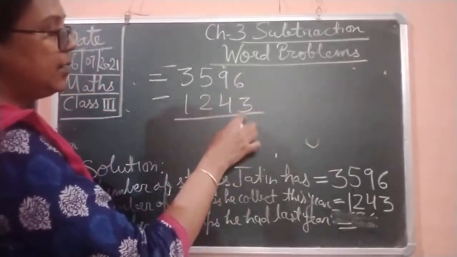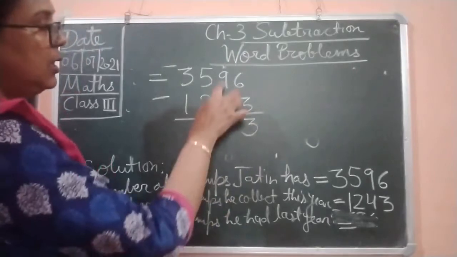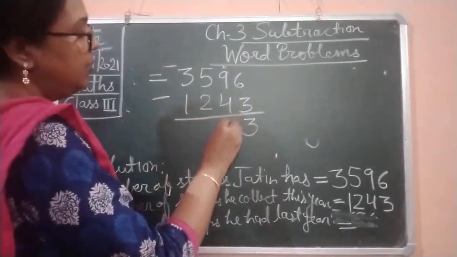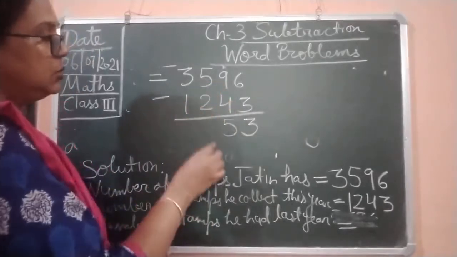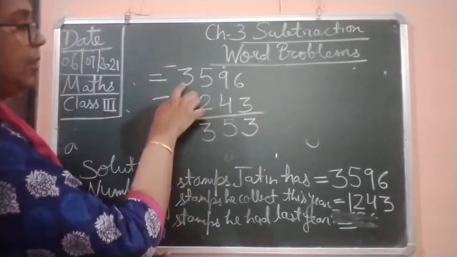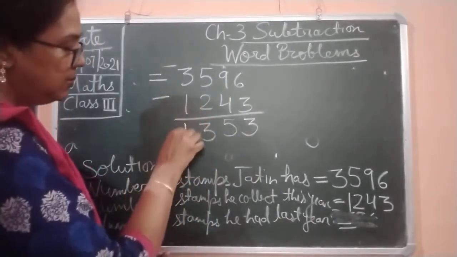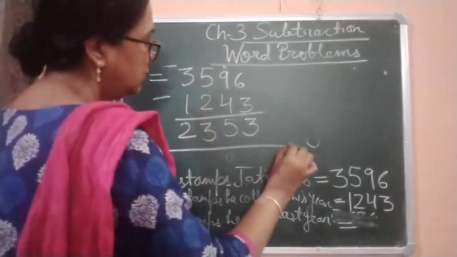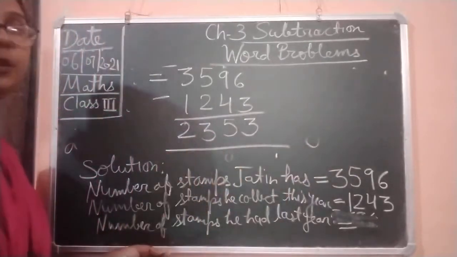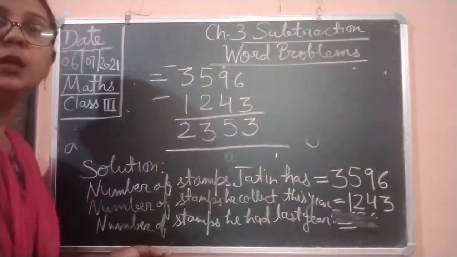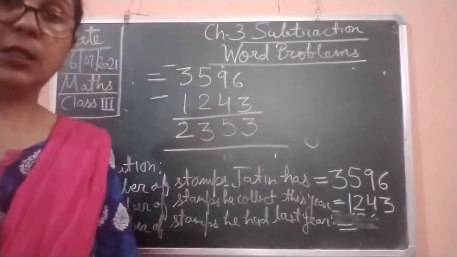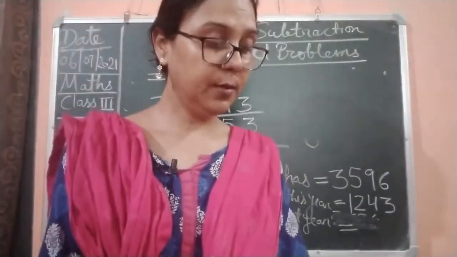So 6 minus 3 is 3, 9 minus 4 equal to 5, 5 minus 2 is 3 and 3 minus 1 is 2. Okay, so 2353 stamps he had last year. उसके पास कितने स्टैम्प थे लास्ट ईयर? बताइए.